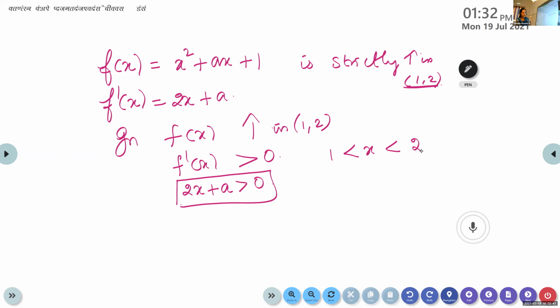Is it correct? It is given, it is increasing in the interval 1 to 2. Now, I want to make it in the form 2x plus a. So I am multiplying this by 2. 2 is less than 2x, less than 4. You multiply throughout by 2.